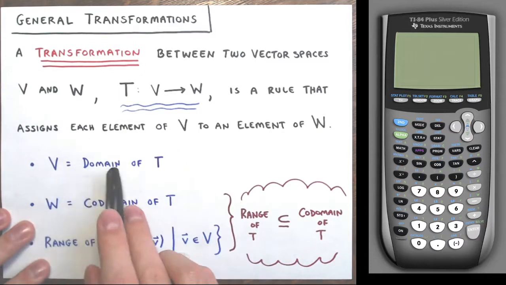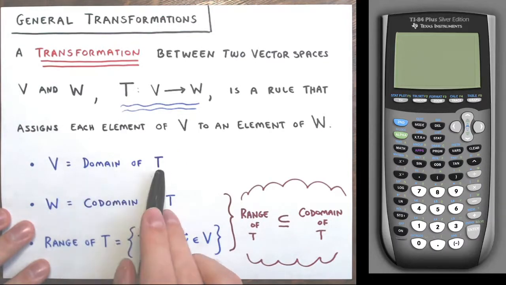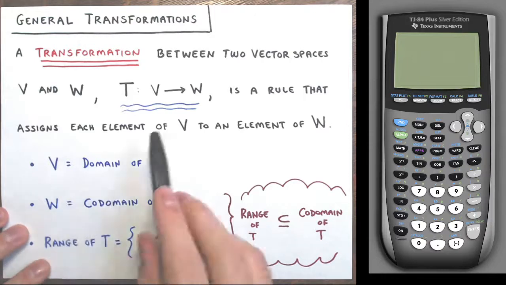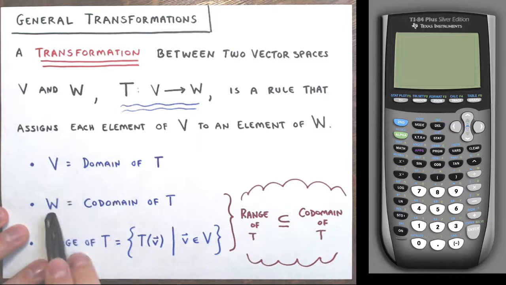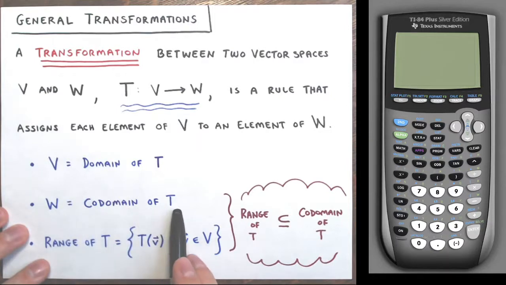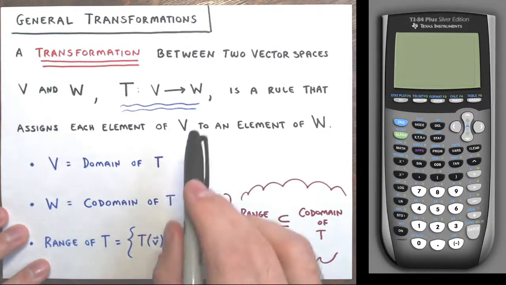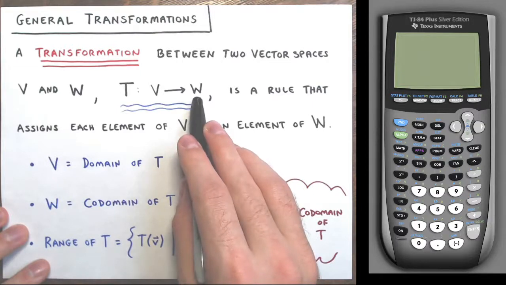Now in the notation here, the set where all the inputs are coming from, V, is called the domain of the transformation, or the domain of T. The set where all the outputs are coming from, W, is called the codomain of T. Now don't think that everything in W is an output. That's not always the case.